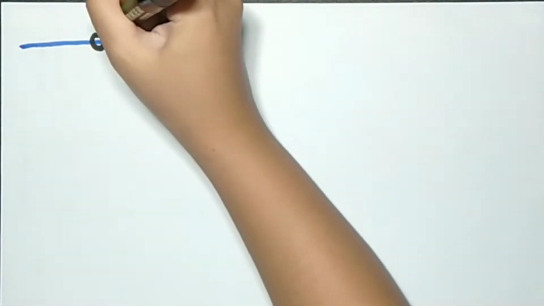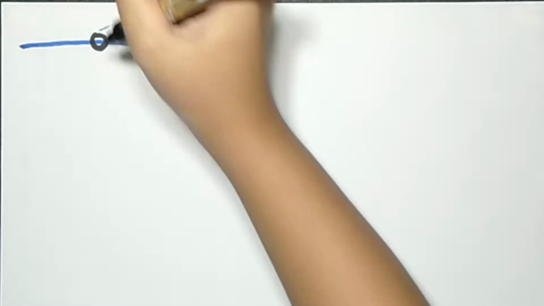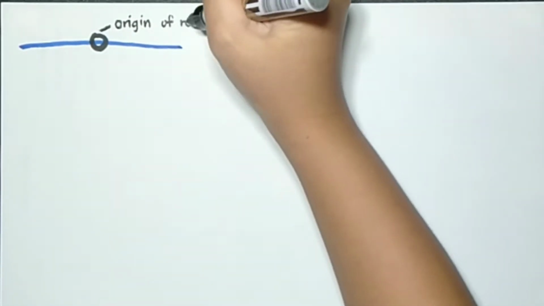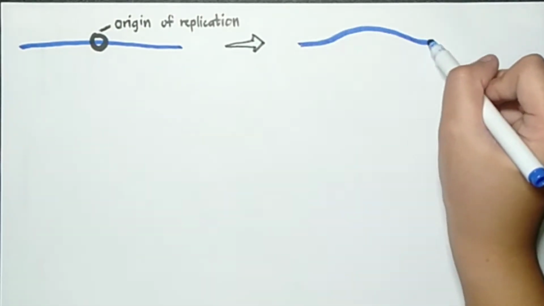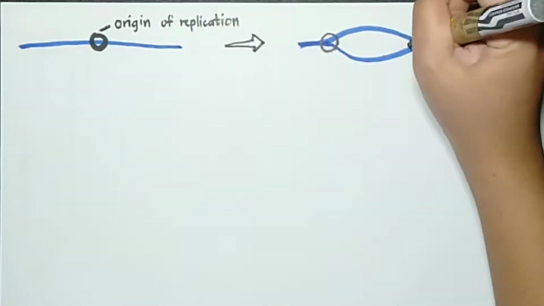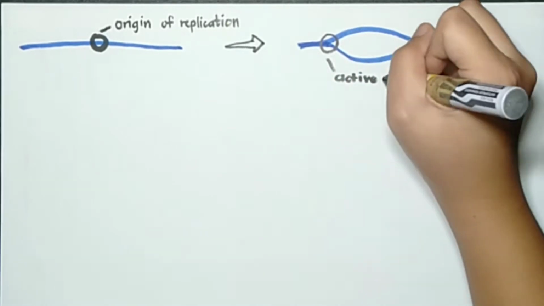DNA replication begins in the origin of replication. This site has active replication called the replication fork.